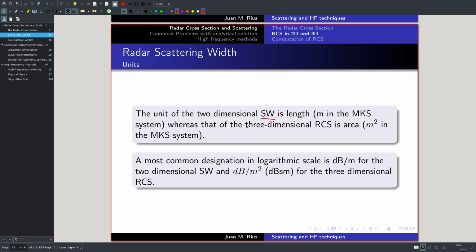And it is often represented in dBs, so it will be dBs over meter, similar to the dBs over square meter that we have in the case of three-dimensional scatterers.